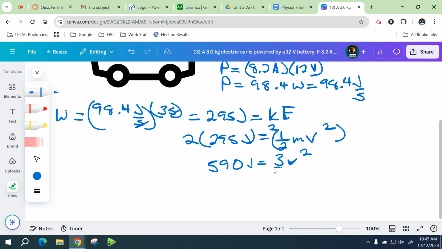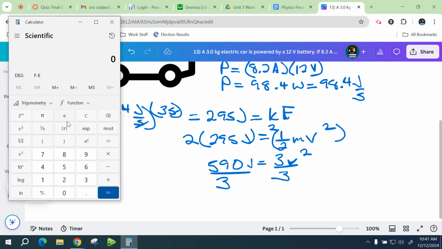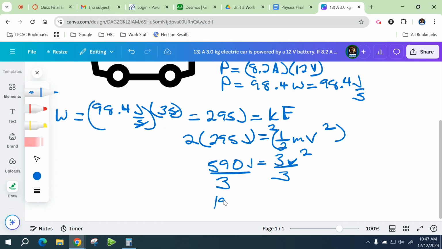Divide both sides by 3. 590 divided by 3, I get 196.66 is equal to the velocity squared.